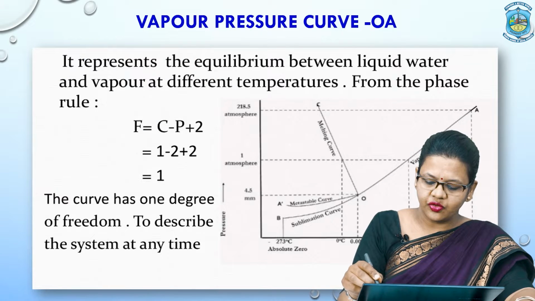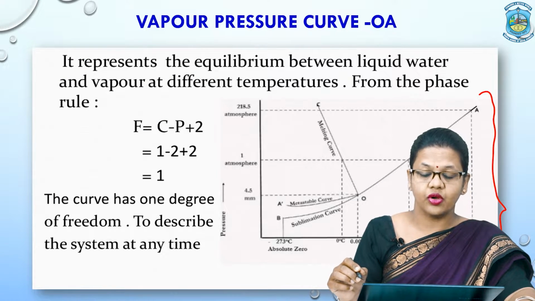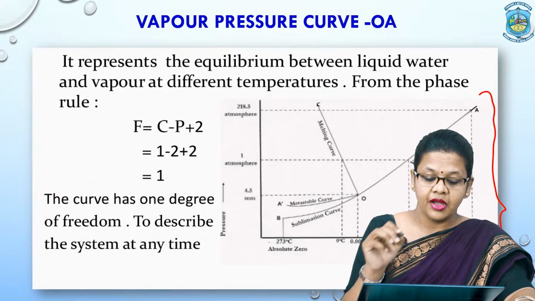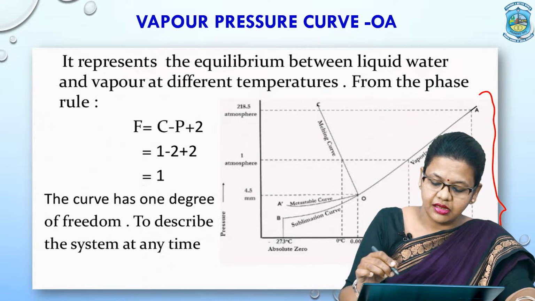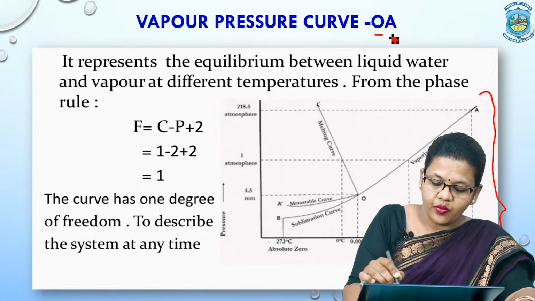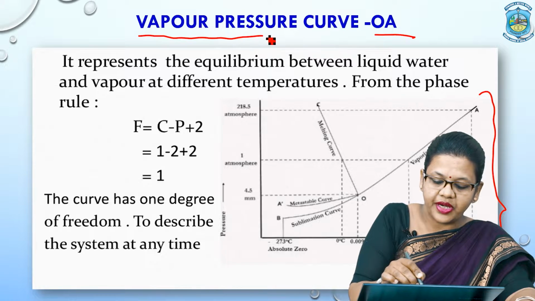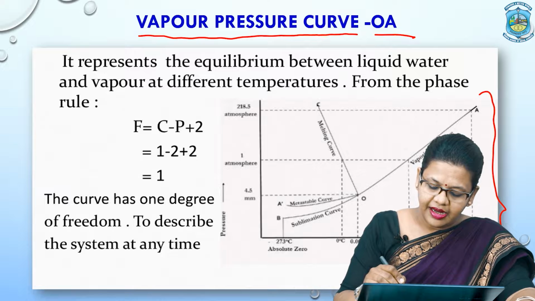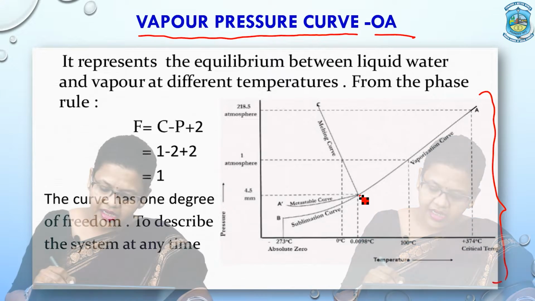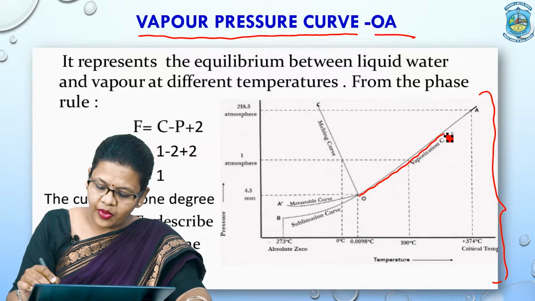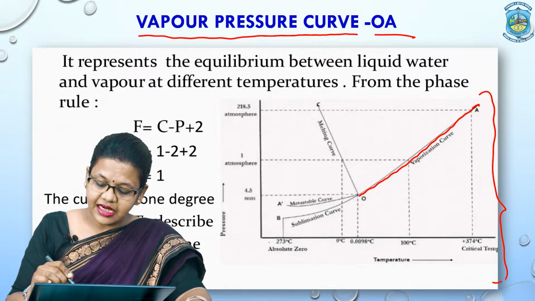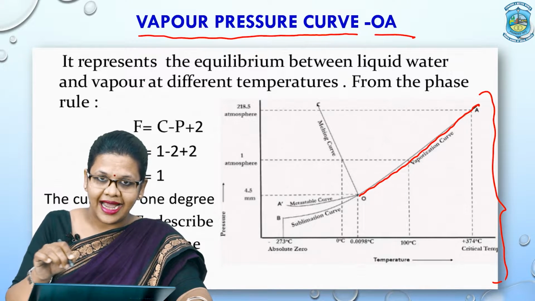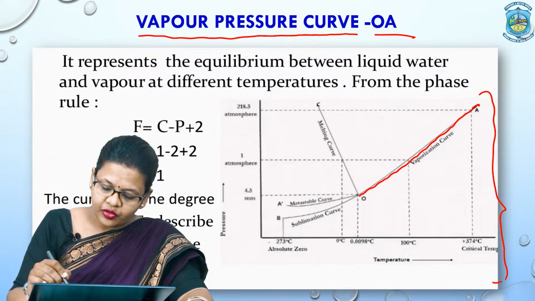This picture that you see is the ice water vapor diagram, or the phase diagram. First we will discuss the OA curve, which is known as the vapor pressure curve. If I just darken it, this is the vapor pressure curve, and it divides the whole diagram into two parts.